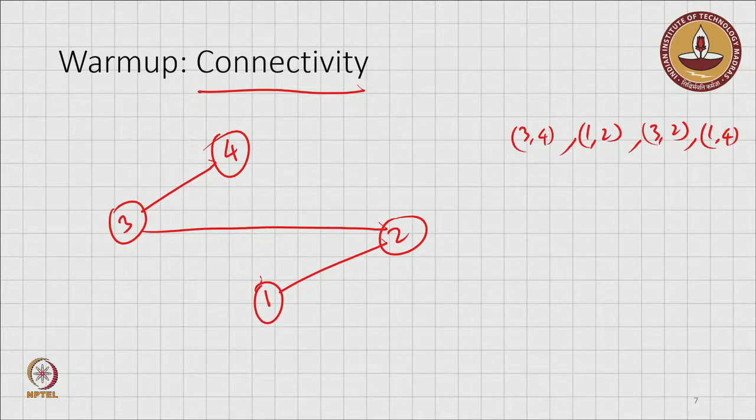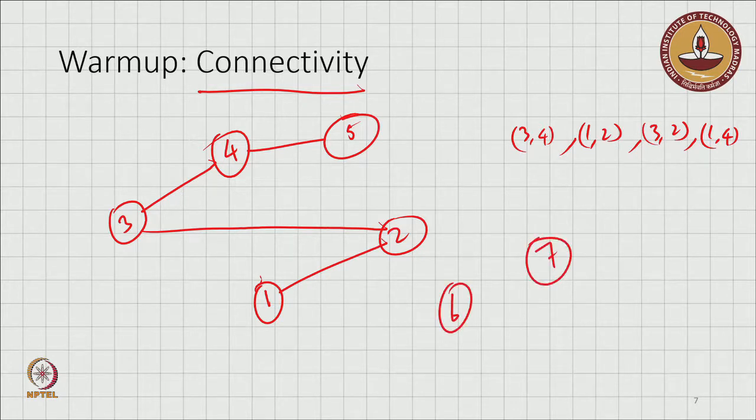And then let's say we get an edge, say 4, 5, we add that, then 6, 7, and let's say that the stream stops at this point, then we know that the graph is actually not connected.